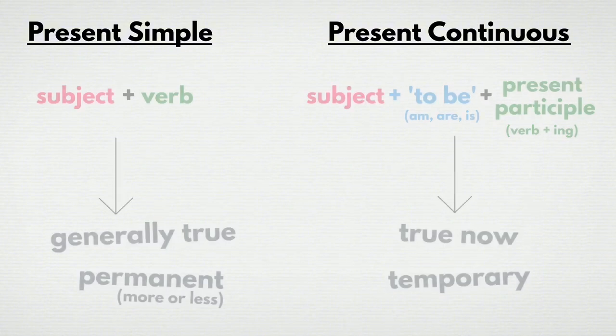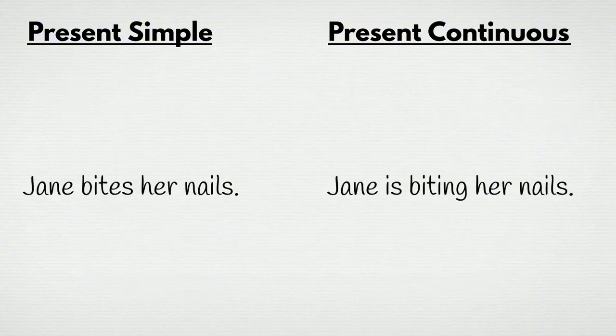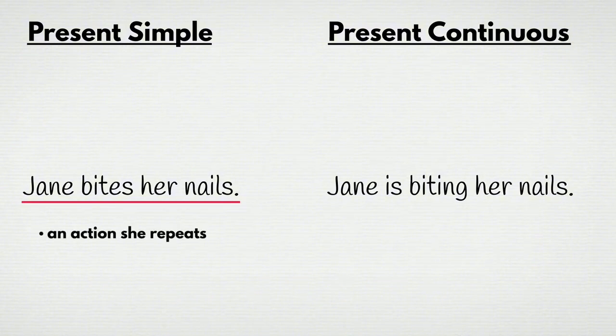Let's compare these two sentences, one written in present simple and the other written in present continuous. This sentence, Jane bites her nails, shows a habit Jane has. It's an action that she repeats, but she's not necessarily doing it right now. We could clarify how often she repeats this habit using an adverb.